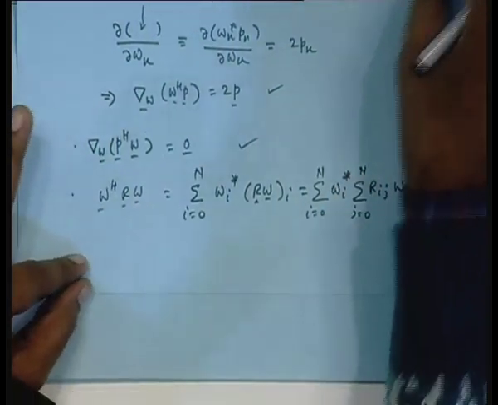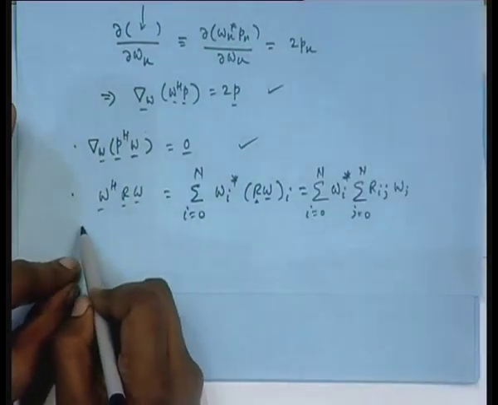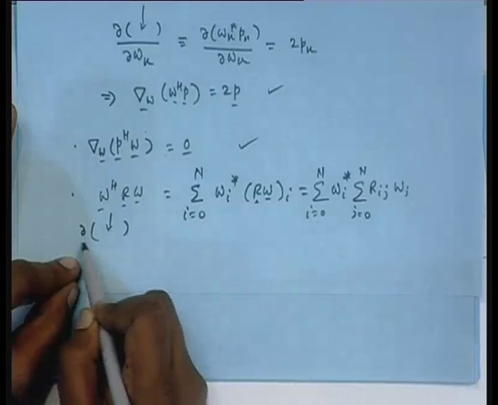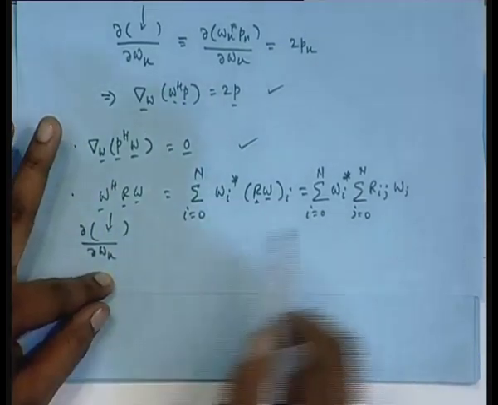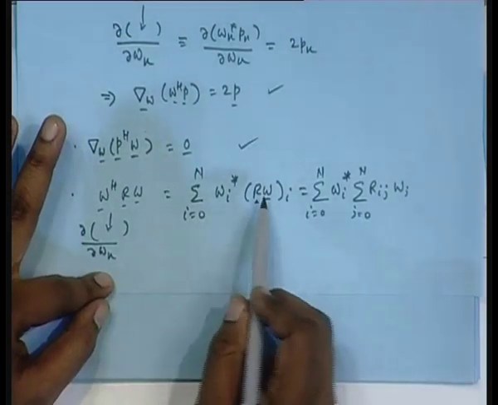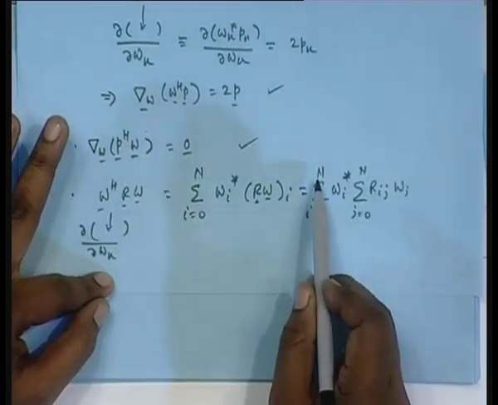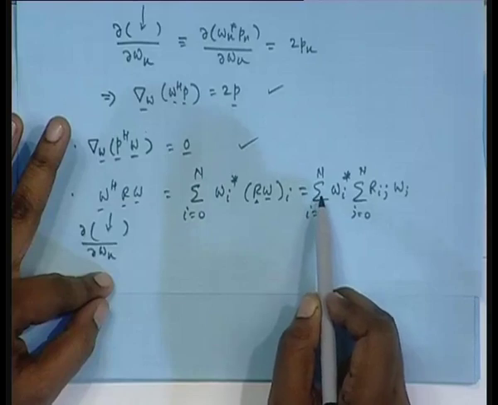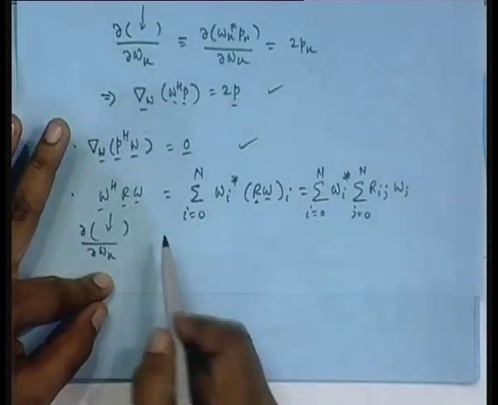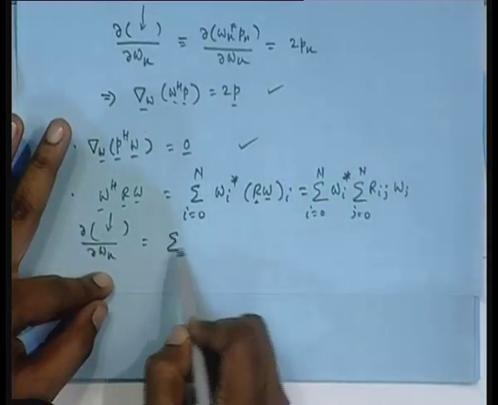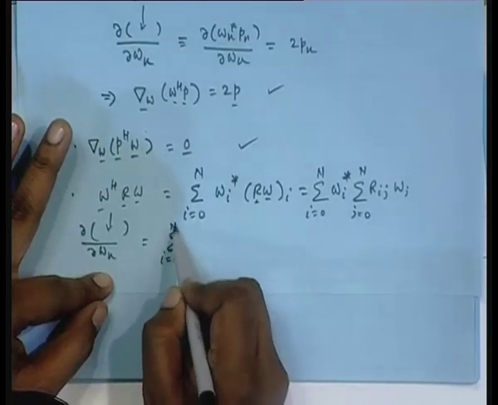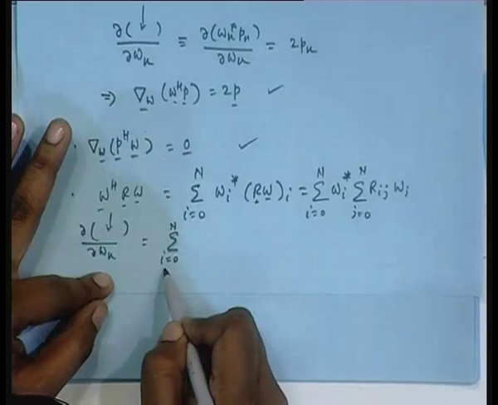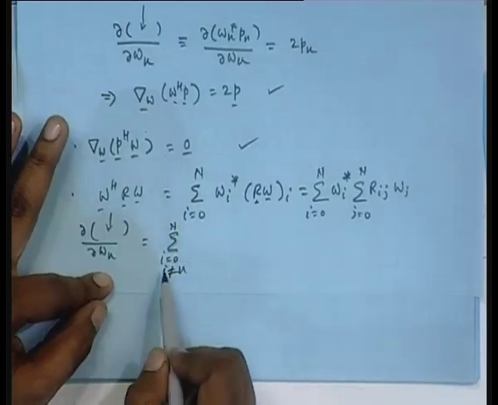And now suppose you want to differentiate this quantity with respect to Wk for a particular k. Then as before, I will take the summation i equal to 0 to n, out of that i equal to k, that case will be separated out. But i not equal to k, you can see this, no?